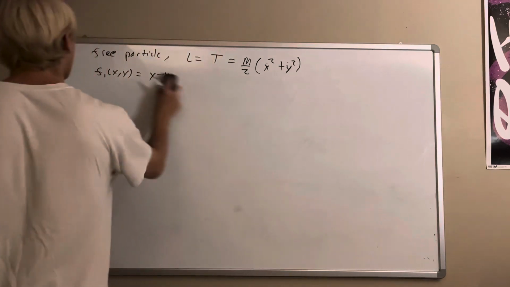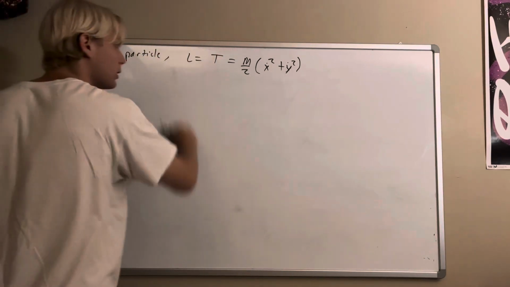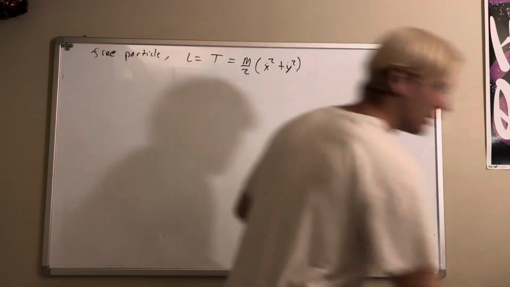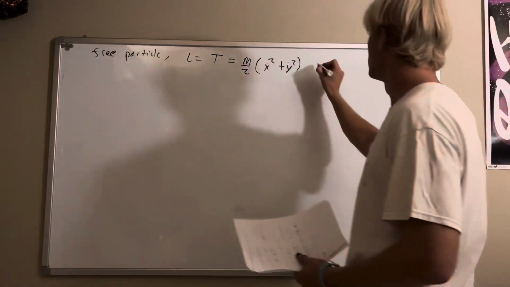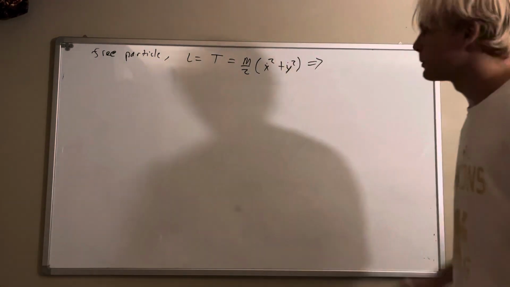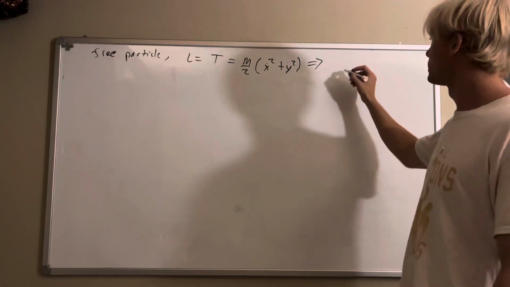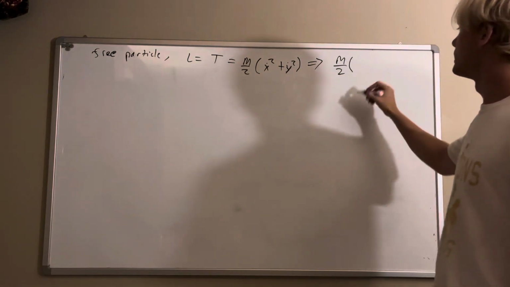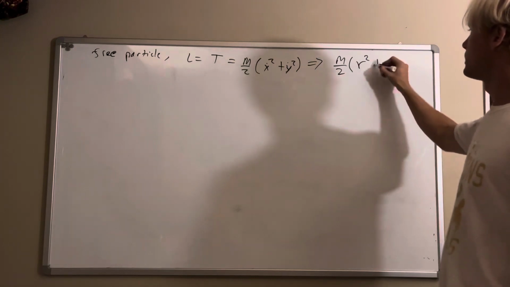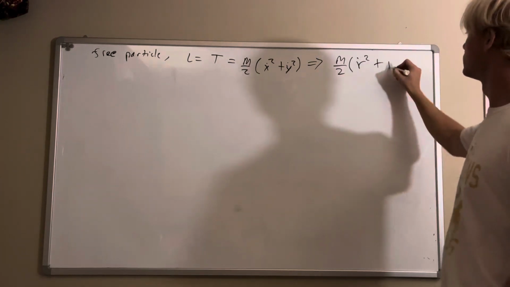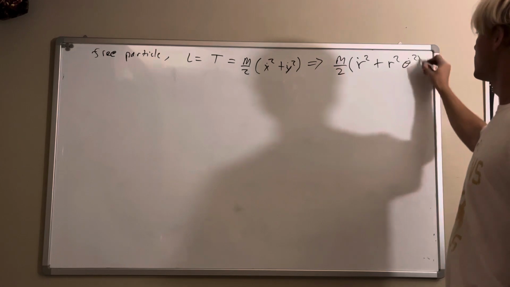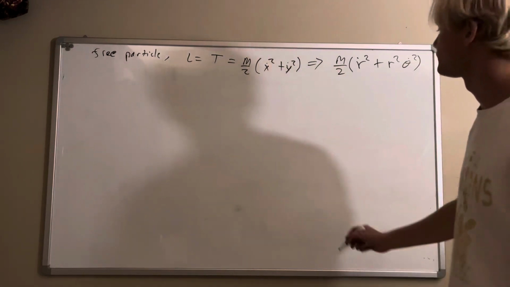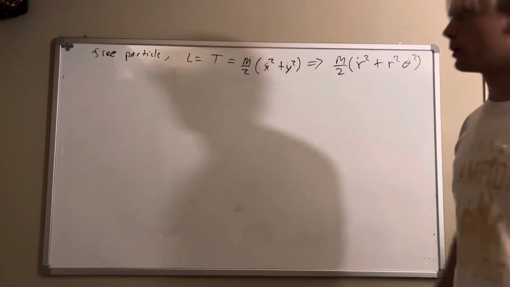So, free particle again, but since it's a circle, you probably know I'm going to be using polar coordinates. And then you probably know this by heart too. That's what it is in polar coordinates.